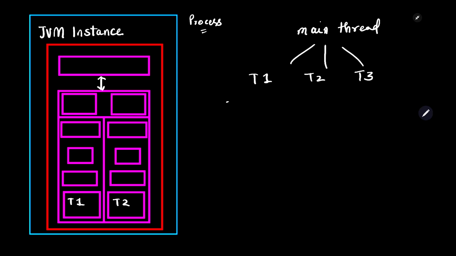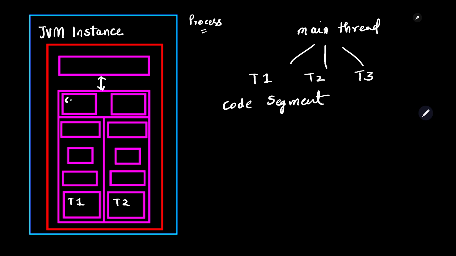The first one is the code segment. This is the area where the compiled machine code goes. The JIT compiler converts the bytecode to machine code and stores it in the code segment area of the JVM.